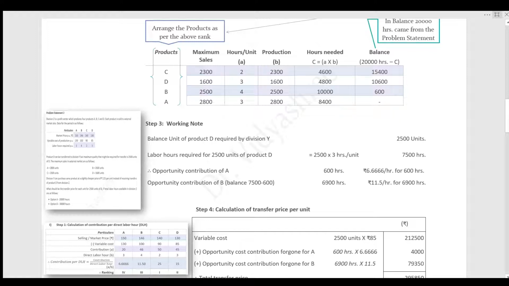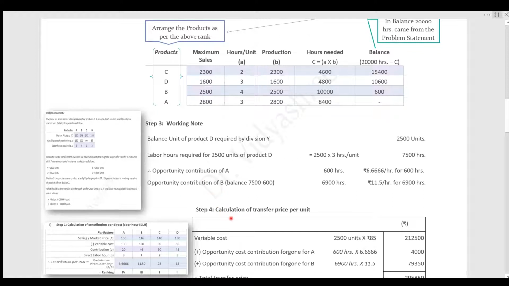And for product B, that is third ranking, what is the contribution? 11.50. You can observe the same thing over here, 6.666 and 11.5 into the hours. Contribution into the required hours is nothing but the opportunity contribution of A and opportunity contribution of B.